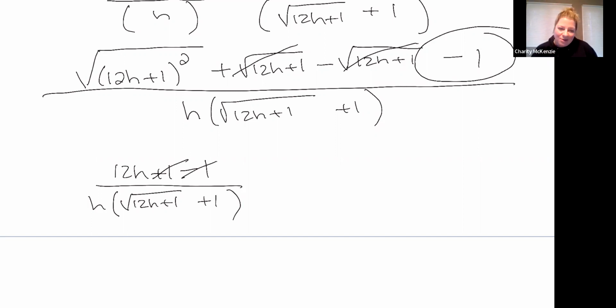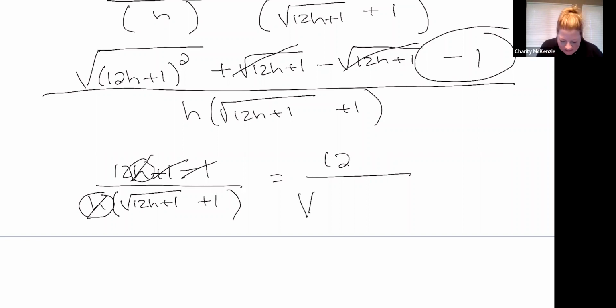And you should also see that this h here and this h here will cancel because they're both factored into the front. Because right now, if I put a 0 in, I'm going to have 0 over 0 because it's still in that form. So h's have to cancel as well. So the final form is just a number on top, 12. Oh, it looks like a 2, but it's a 1. And the bottom is the square root of 12h plus 1 plus 1.